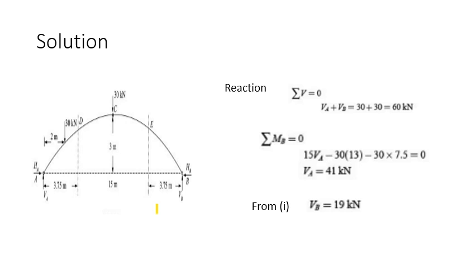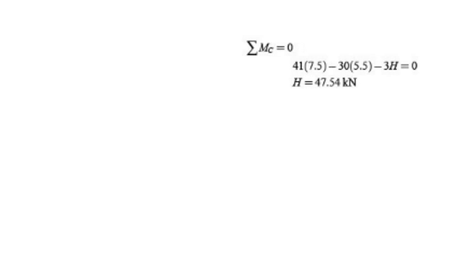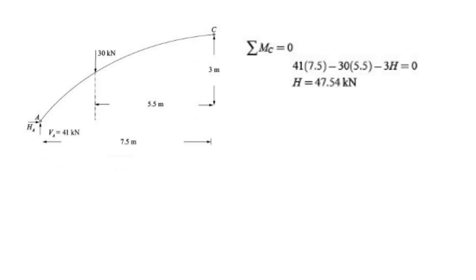Okay. So again, here there are no other horizontal forces and both the springing points are at the same level. So HA would be equal to HB would be equal to H. So next apply the condition, the moment about the point C is equal to 0, considering the left portion.